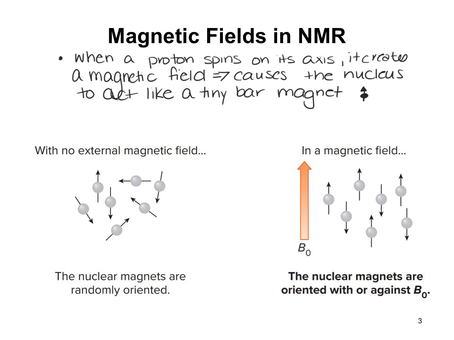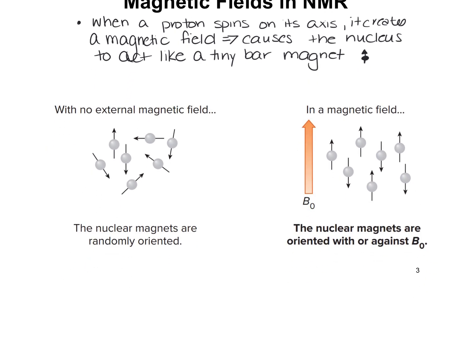Now, normally these guys are just randomly oriented in space, right? They're just pointing every which way. However, when you put them in a magnetic field, and a magnetic field is abbreviated B naught, okay, they will orient either with the magnetic field this way or against the magnetic field this way.